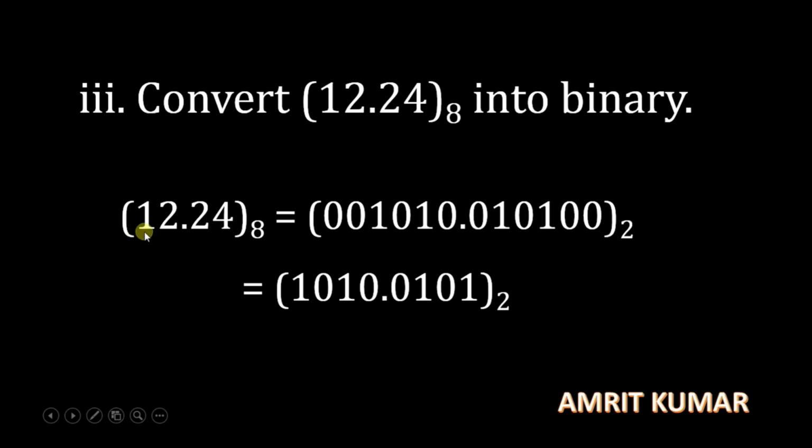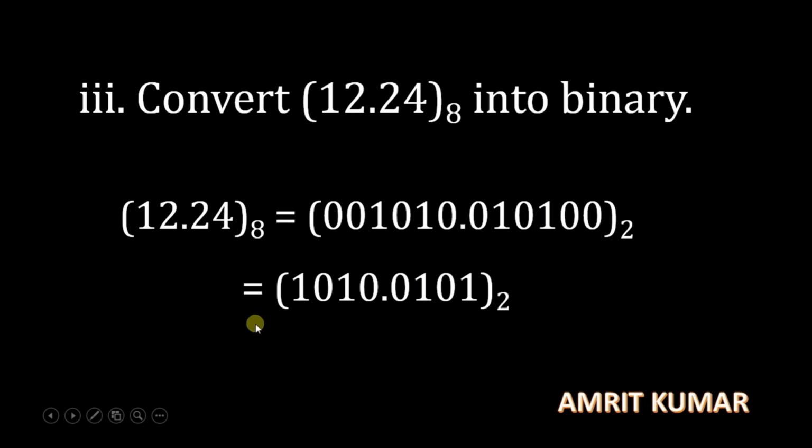And this is what the concept is telling us, that in octal to binary conversion you have to represent a digit of an octal by 3 bits. That's why we have used 3 bits for this digit, and in the same way for each of the other digits.